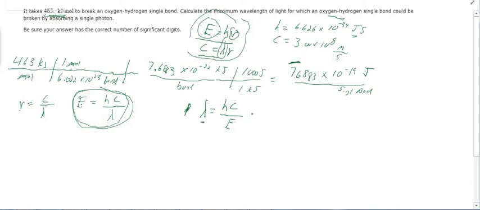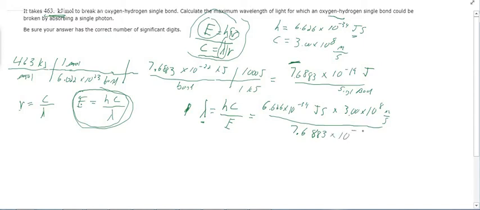Lambda is the wavelength. If I substitute things in, Planck's constant is 6.626 times 10 to the minus 34th joule seconds times the speed of light, 3.00 times 10 to the 8th meters per second, divided by this energy, 7.6883 times 10 to the minus 19th joules.